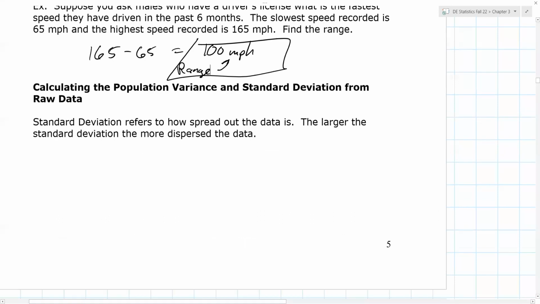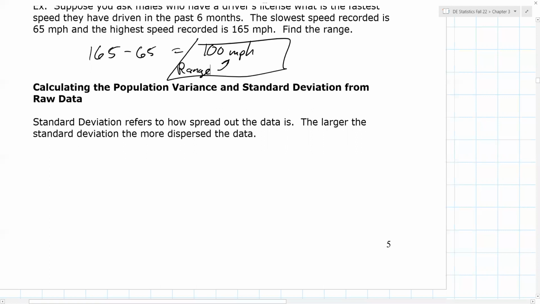More powerful values for spread and dispersion are going to be our variance and our standard deviation. Those two numbers are related. We talked about them at the beginning of 3.1, where standard deviation is simply the square root of variance.